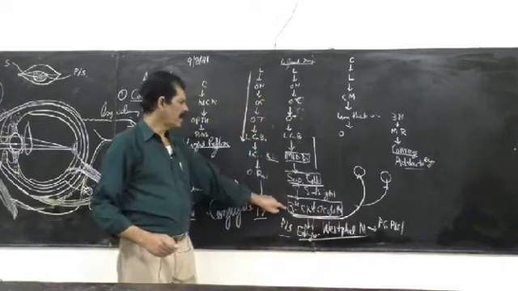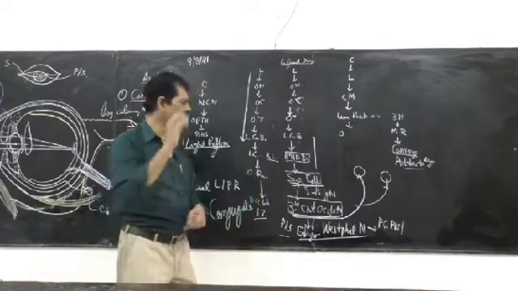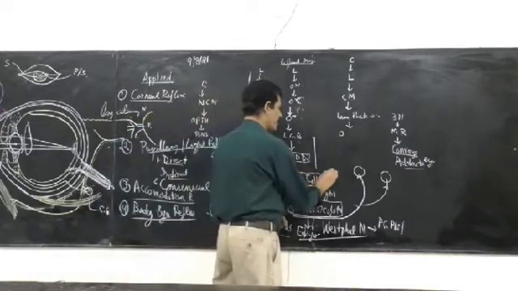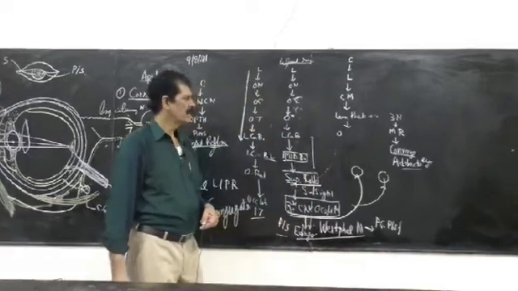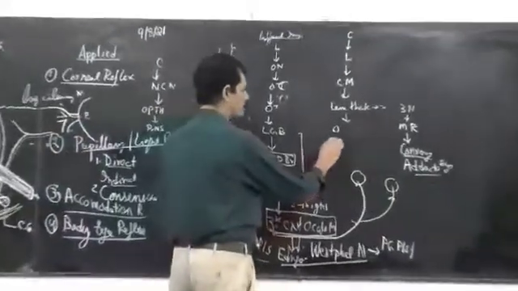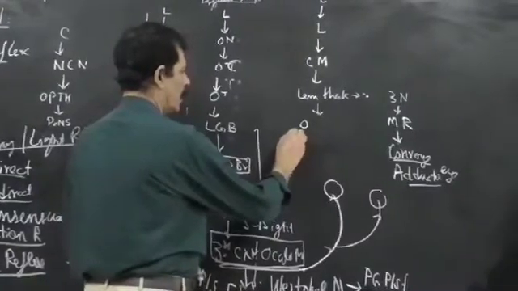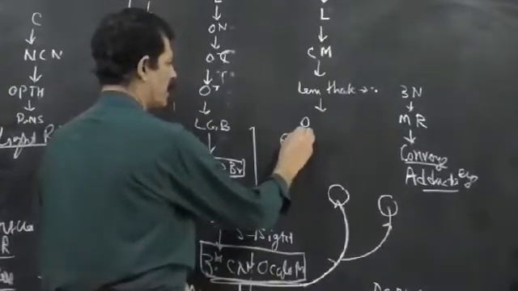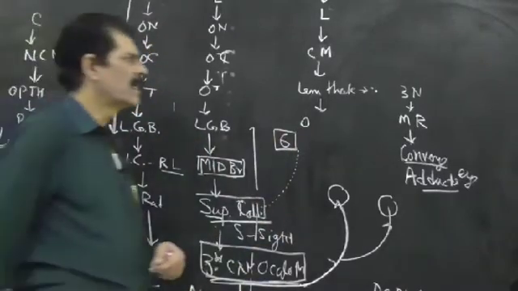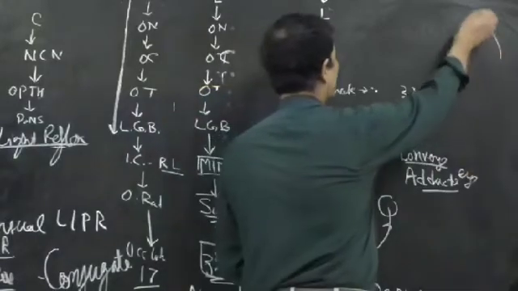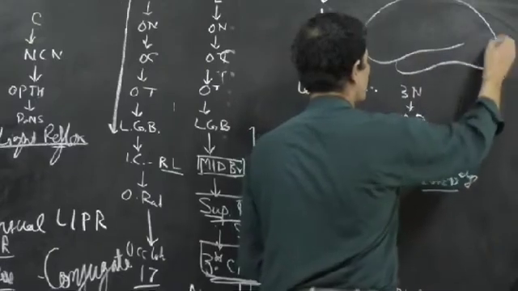And the fibers from the superior colliculus go to the third cranial nerve, and at the same time the same fibers from the superior colliculus reach Brodmann area number 6. Brodmann area number 6, where does it lie, anybody? Area number 6, functional areas of the cerebrum.